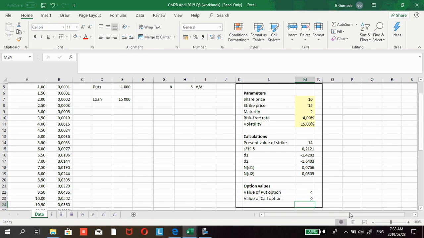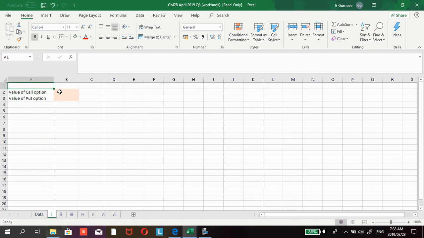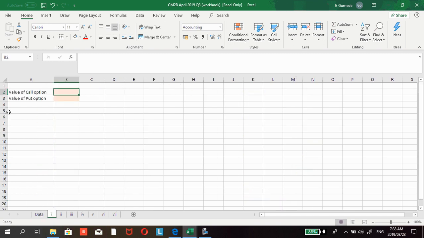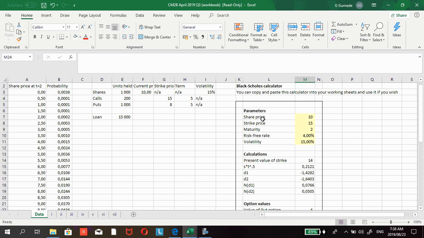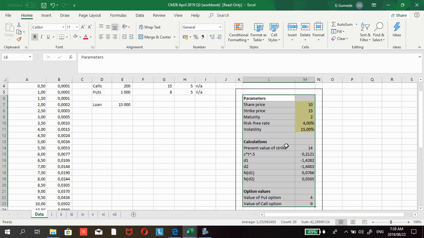But don't panic if you see 0 and go and write 0 here. It is not actually equal to 0, because if you show your examiner your calculations, you will see that it is not equal to 0. For the call option, I'm going to show the examiner my calculations by copying my workings.